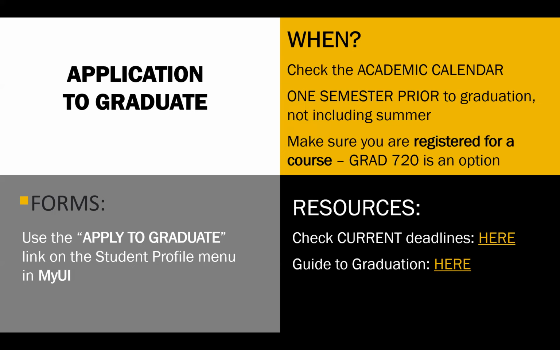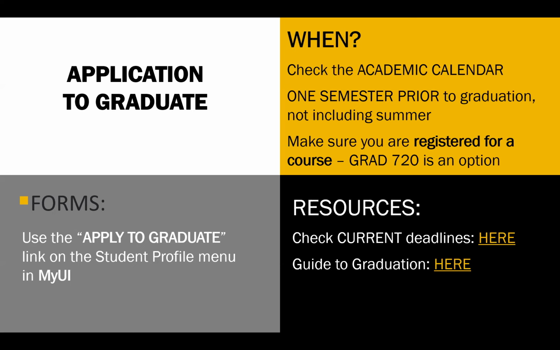There's also a timeline for your dissertation and thesis, or non-thesis requirement, and those are separate from the priority deadline for applying to graduate. But I want to mention Grad 720. Graduation and awarding of your diploma are two slightly different things. You can walk in a ceremony of your choosing, even if you're not quite graduating at that point.